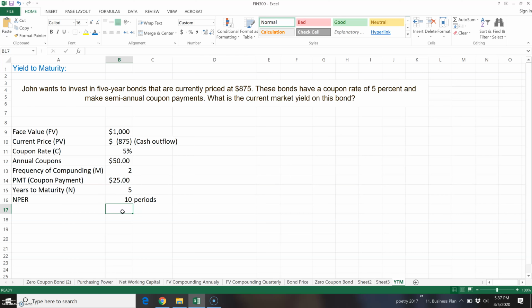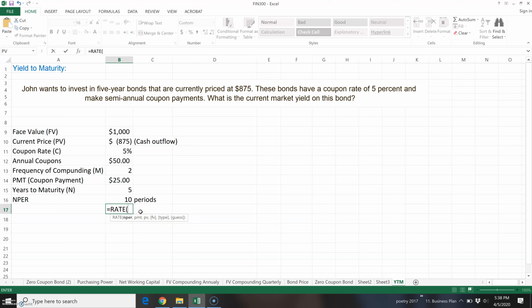So here we are going to write equal to RATE in capital letters, begin the bracket, and here you can see the formula. We have to enter the data relating to the number of periods, PMT, coupon payments, the present value or the current price, and the face value.